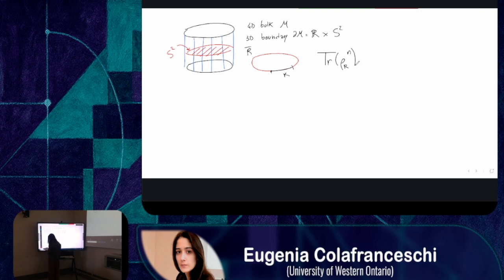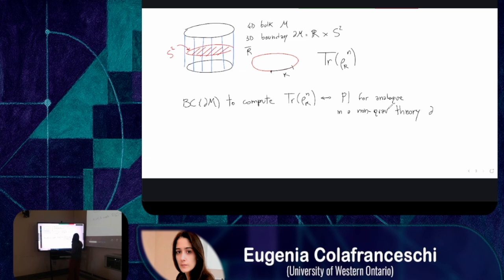So the guess here is that the boundary conditions, so actually the boundary manifold, we need to use to compute this quantity in gravity are given by the path integral that computes the analog quantity in a non-gravitational system, so in a non-gravitational theory on the boundary of our box. So this is the intuition.